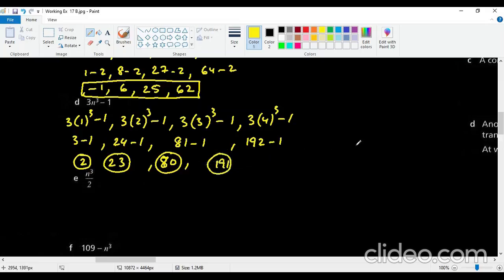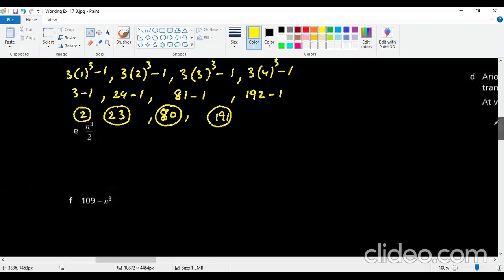Now comes n cube over 2. That means 1 cube over 2, 2 cube over 2, 3 cube over 2, and 4 cube over 2. So first one is going to be 1 over 2, this one is 8 over 2, this one is 27 over 2, and this is 64 over 2.